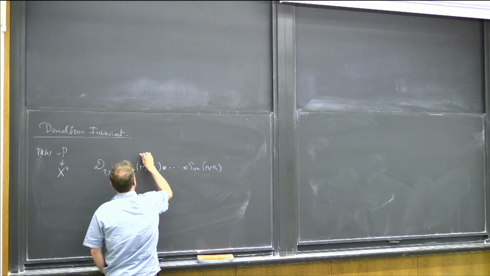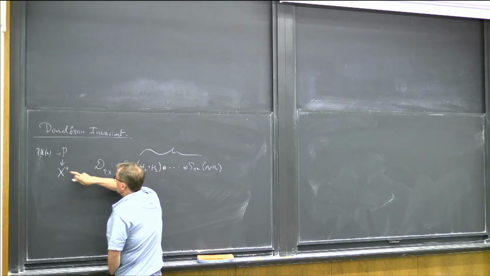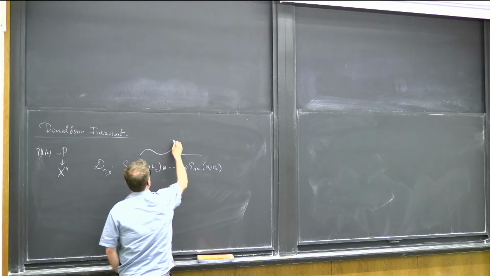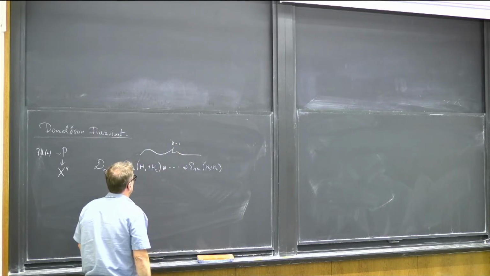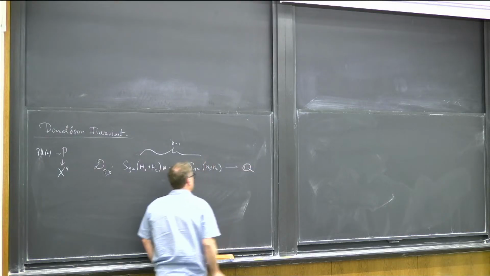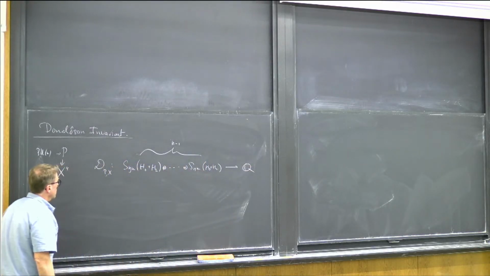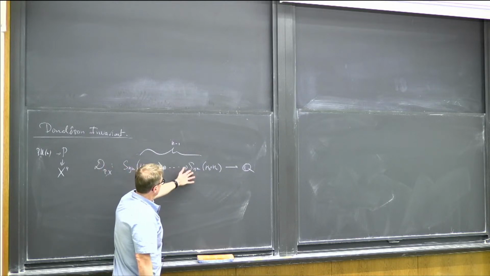If it's SU(N), PU(N), then there are N minus 1 copies of this tensor product, and it maps to Q. And these, remember, are defined by these guys.